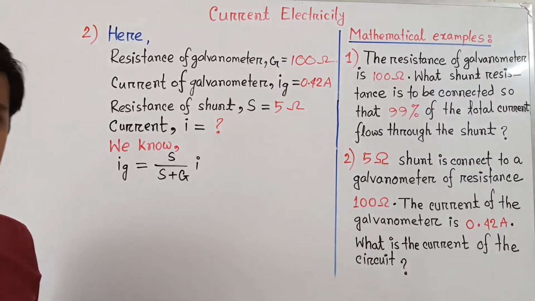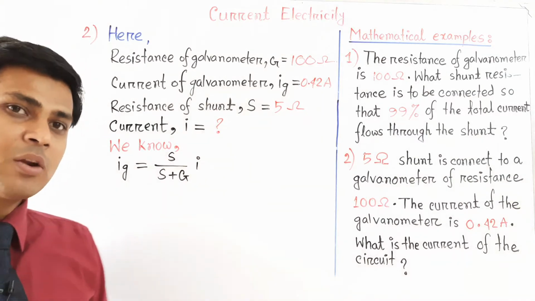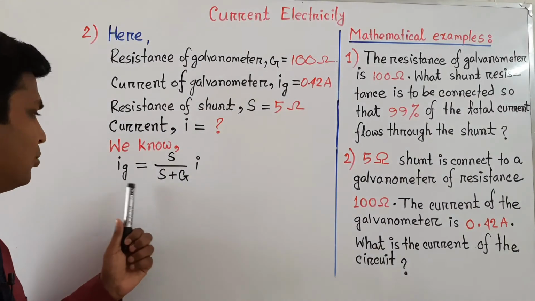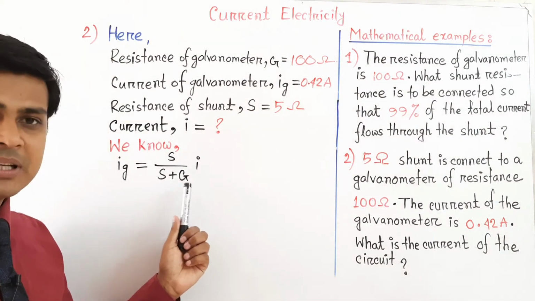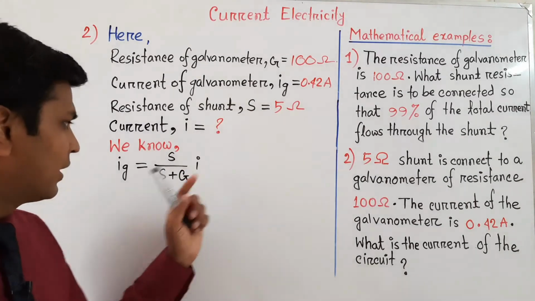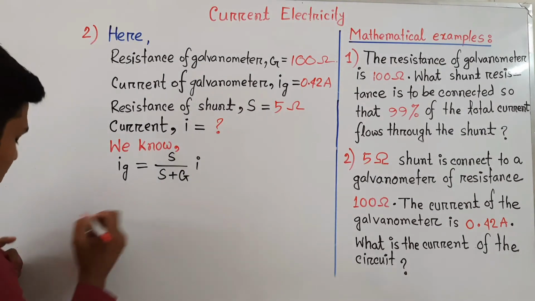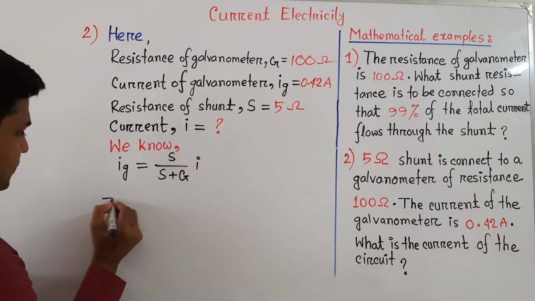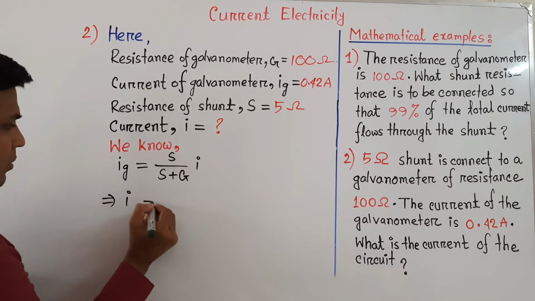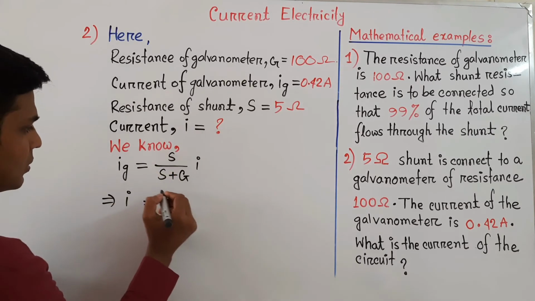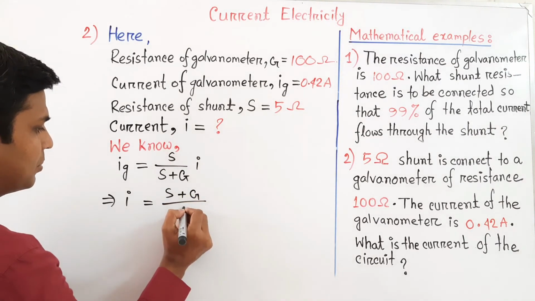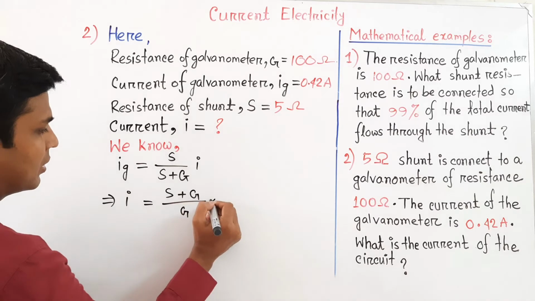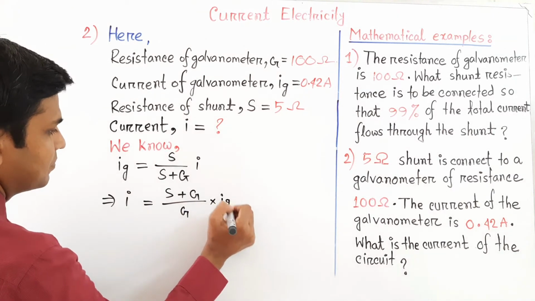We have to calculate the main current. So we can write I equals what? And we know the formula to calculate the galvanometer current is Ig equals S upon S plus G into I. We have to calculate the value of I. So we can write I equals S plus G divided by S into Ig.